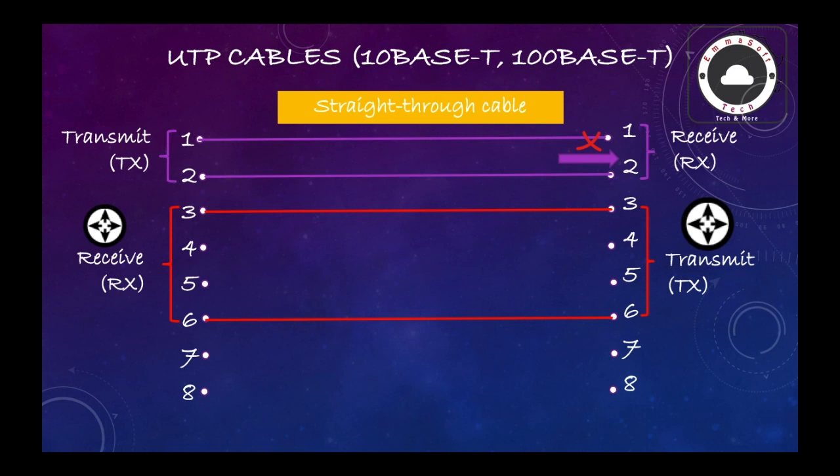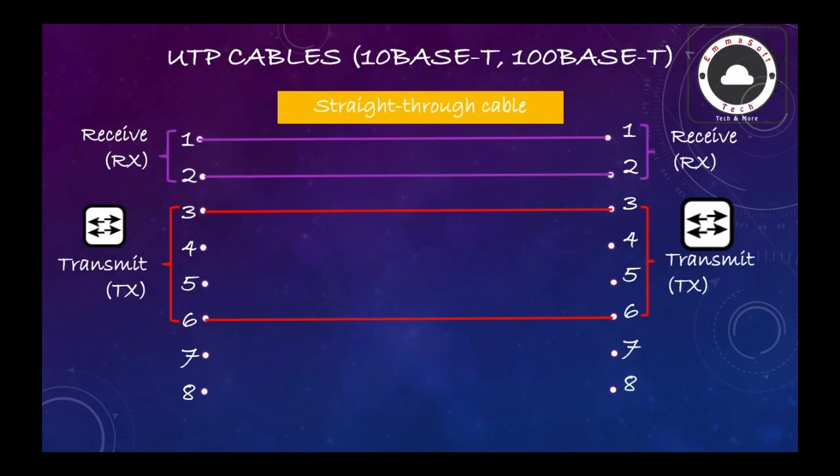So they have to use separate pins. A straight through connecting two routers will not work, because routers transmit on pin 1 and 2 and cannot also receive on the same pins. If we again interchange and use two switches, switches transmit on pin 3 and 6, so they cannot receive on pin 3 and 6 either. So even here, transmission will not be possible.